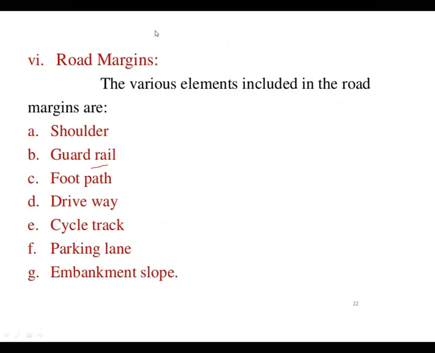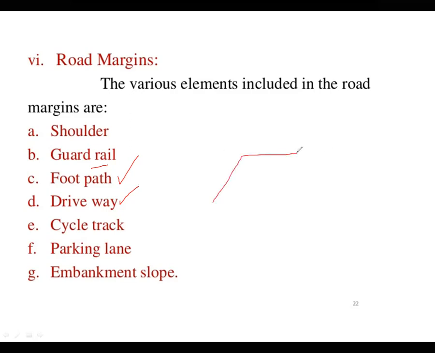Next is footpath. For the movement of pedestrians, a footpath is required. Driveway: sometimes, after some kilometers, there is an extension of the width of the carriageway for parking of some vehicles. It is known as driveway. Then cycle track, parking lane, embankment slope.